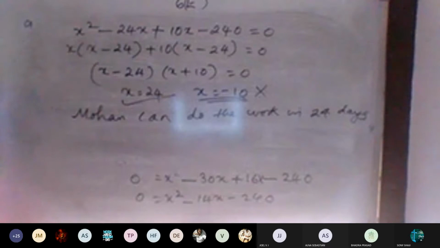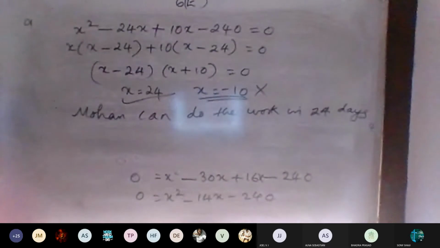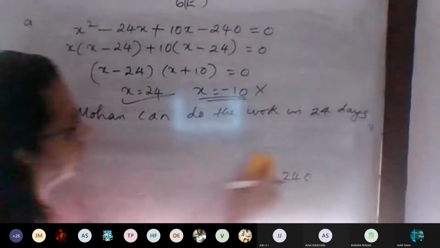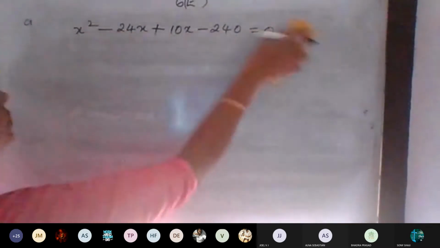The product of the digits is 27, and the difference between the 2 digits is 6. Find the number.